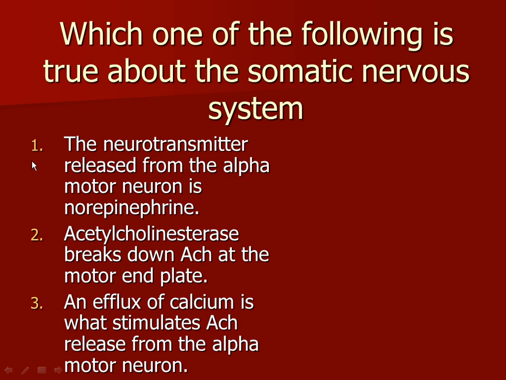So we know number 1's wrong. How about acetylcholinesterase breaks down ACH at the motor end plate? Yep, that's true. But double check number 3 just to make sure. An efflux of calcium is what stimulates ACH release from the alpha motor neurons. No. So does calcium want to go in or out of a cell? In. That would be influx. So we know number 3 is wrong. Number 1 and 3 are definitely wrong, so it had to be number 2.